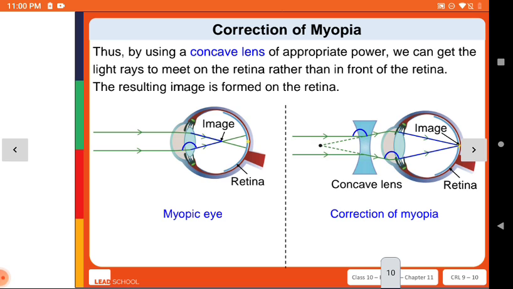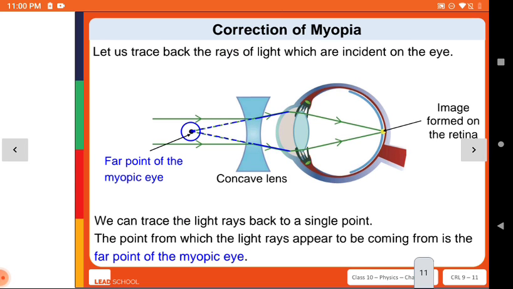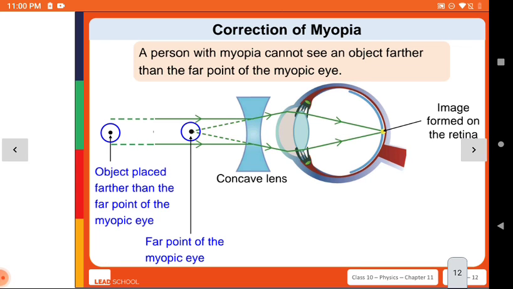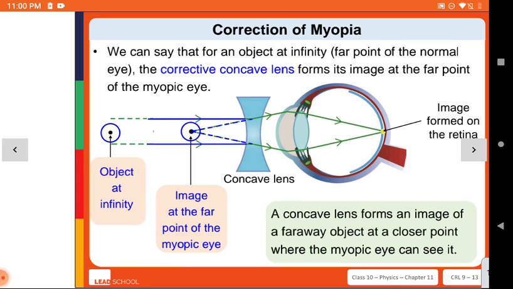So these are the two different eyes. One is the myopic eye, the other is the correction of the myopic eye. There is a concave lens which is used to correct myopia. So students, when the object is at infinity, the rays of light are parallel. The concave lens diverges the rays, and the image of the far away object is formed at the far point of the myopic eye, a closer point where the myopic eye can see it.